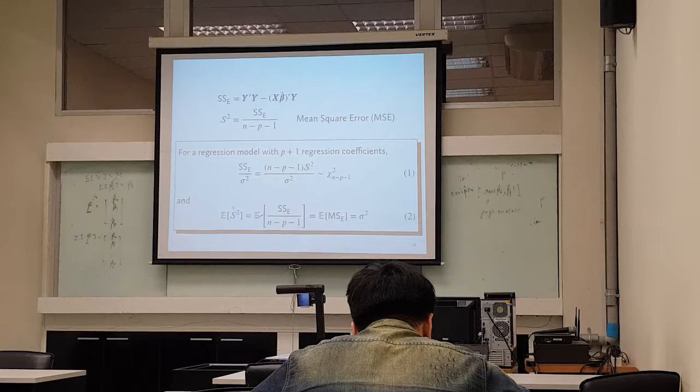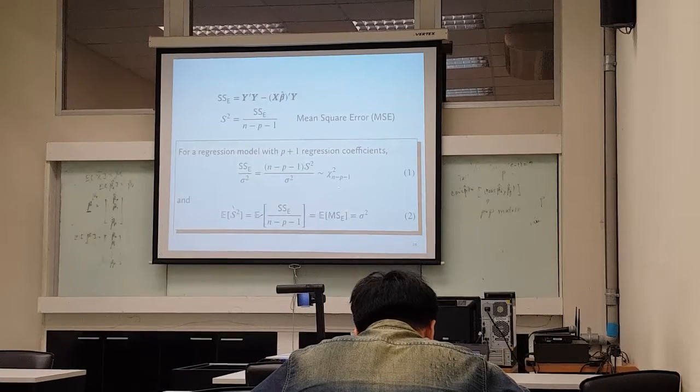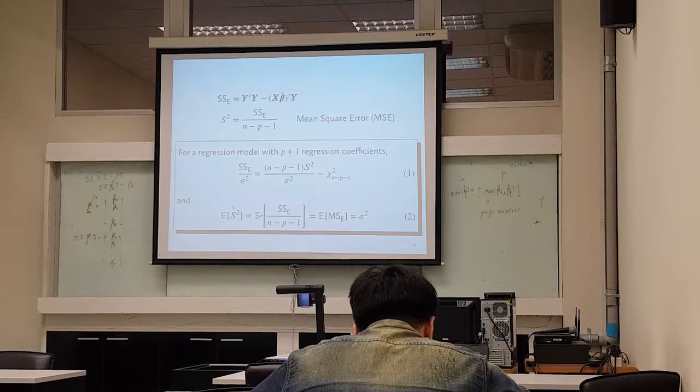We use this result later. The sum of square error divided by the error variance has a chi-square distribution with n minus p minus 1 degrees of freedom. This is the first result.